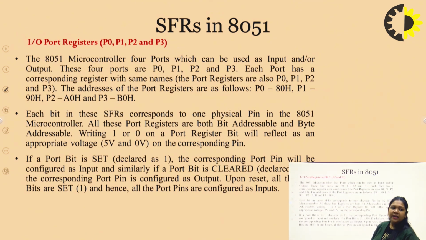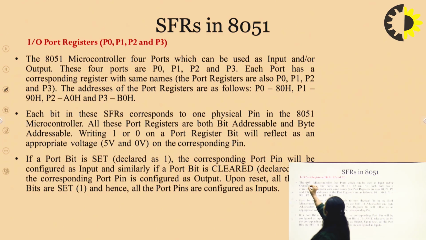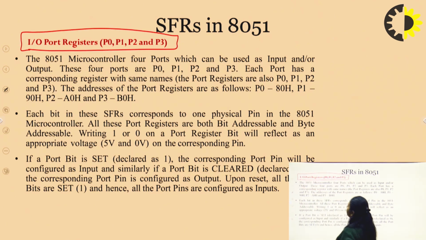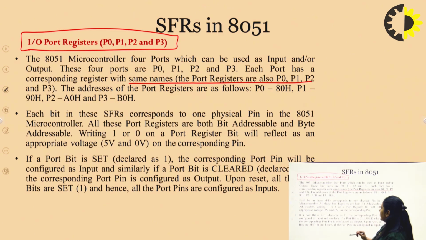There are 4 types of special function registers in the microcontroller, or I can say there are 4 types of IO ports: port 0, port 1, port 2, port 3. These 4 input-output ports are basically used for input-output functions. They act as peripheral devices and can be used as IO ports as well.